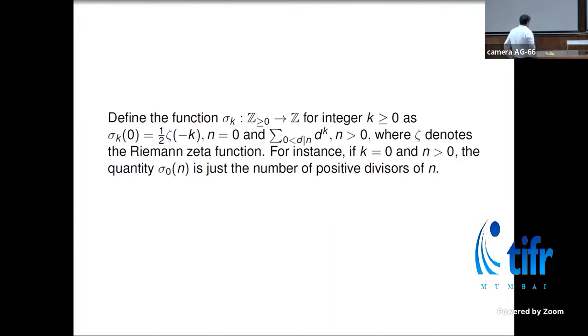Now the other functions which play a role in this are more elementary functions. The sigma k function, which is just the sum of divisors of n raised to the kth power, and then you regularize it and define sigma k of 0 to be a half of the zeta function evaluated at minus k.